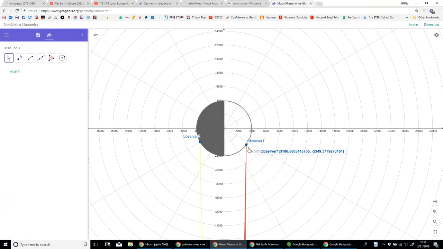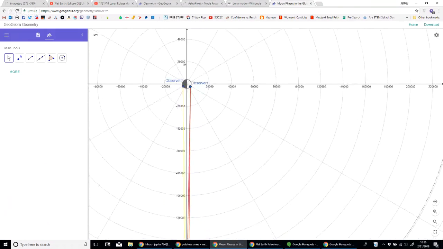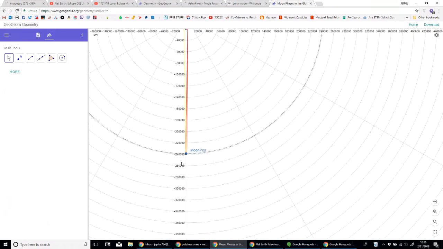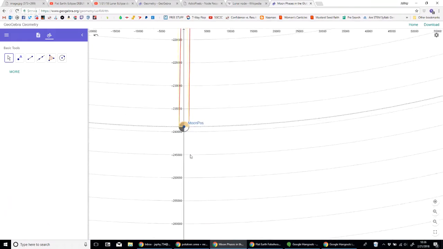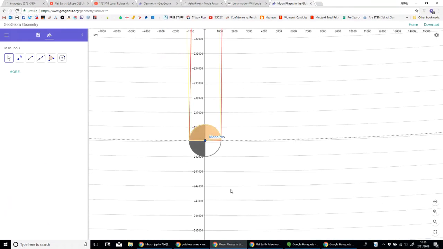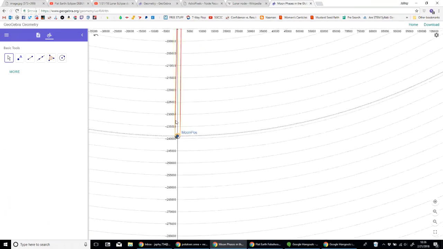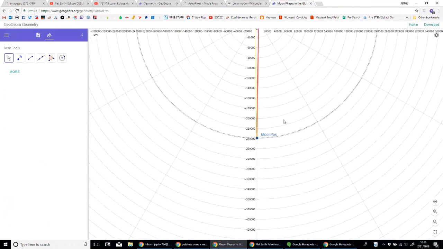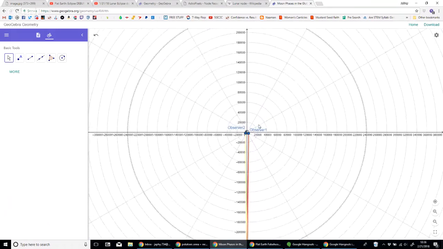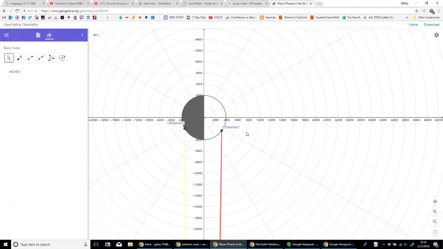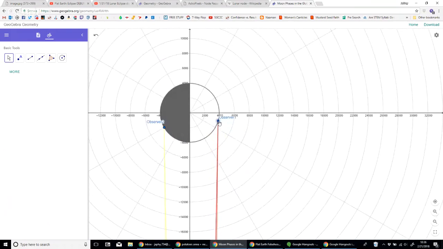The red lines and the yellow lines from the observers indicate their point of view of the moon, what they can see of the moon, okay? So first of all, if we look at these two observers, one of them pretty much at high noon, and one of them pretty much right at midnight.